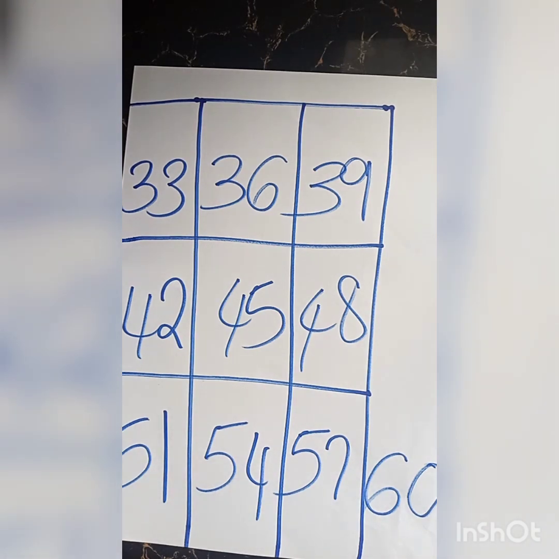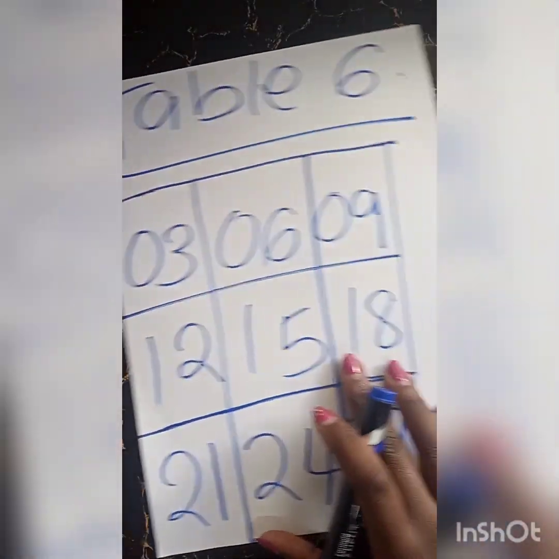So now from here, in order to get table 6, you are required to draw a shape that looks like a diamond in the middle of the two tables. As usual, let's start with the first table.